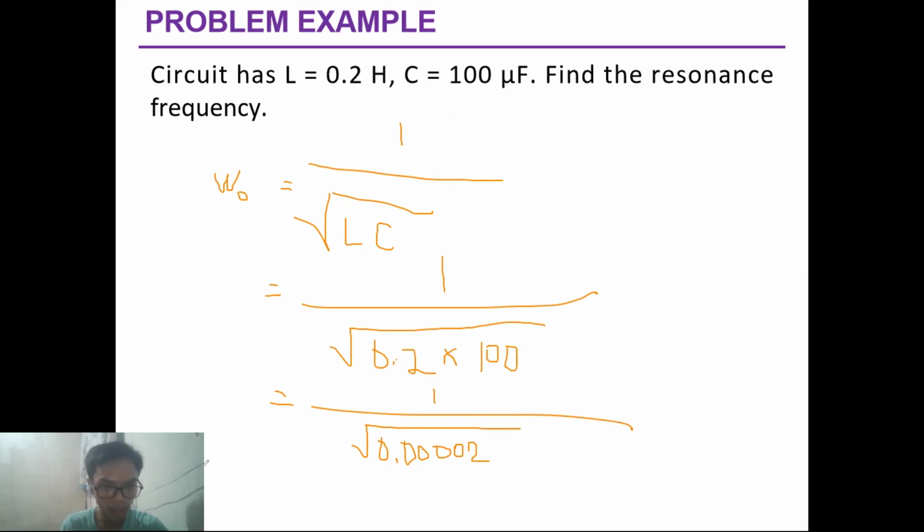Then the final calculation. Sorry for the penmanship again. So this is equal to 223.